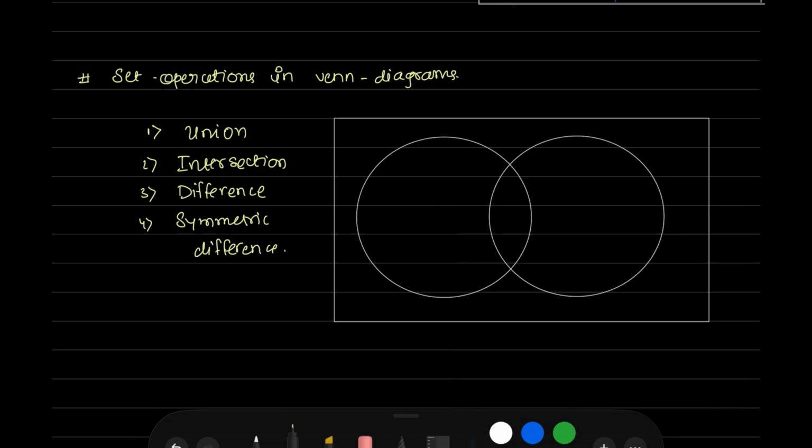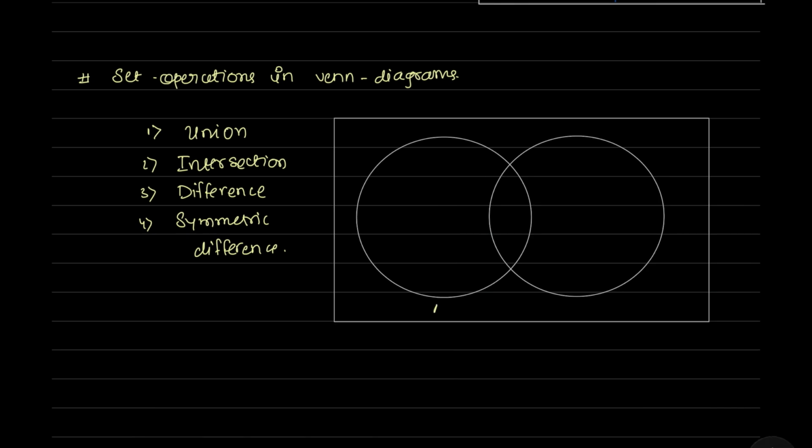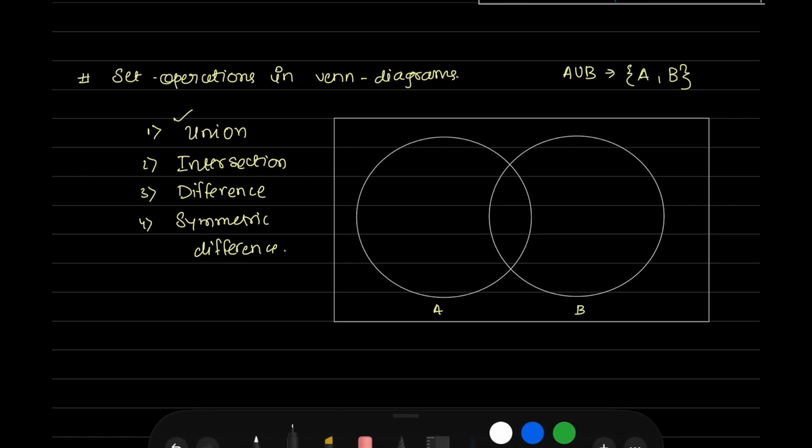Alright, so now we have two sets, A and B. The first we will be seeing is A union B. As we know, A union B is basically the combination of all elements in A and B, with the common ones in A and B written only once. This is the definition of a union.